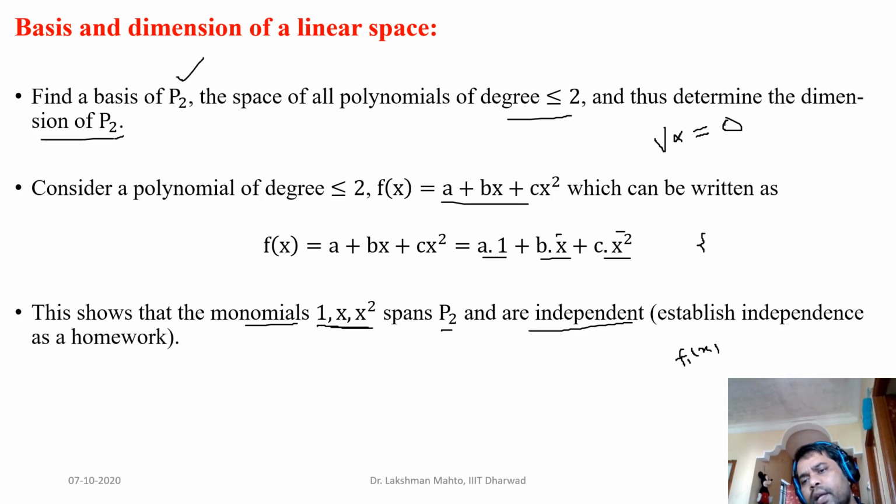It means that if you are not getting one function from the other just by a scalar multiple, not a variable multiple, not a scalar multiple, then you can say that f1 and f2 are linearly independent. So if you are unable to write one function as a linear combination of another function, it simply says that f1 and f2 are linearly independent.